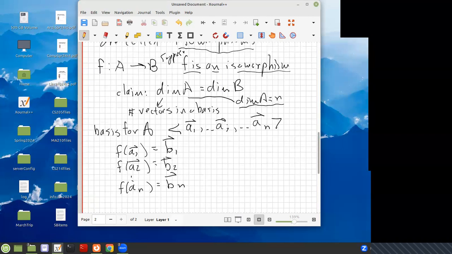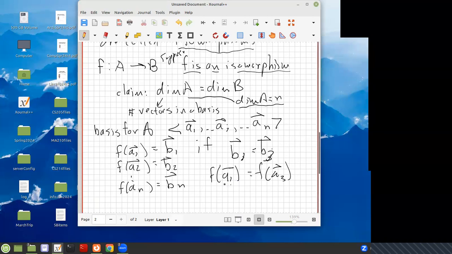First of all, how do we know there are n vectors? Maybe two of these are the same. But since the A's are basis vectors, if Bi equaled Bj, say 1 and 3 to be concrete, that would mean that F of A1 equaled F of A3. But A1 is not equal to A3 because they're part of a basis, yet the images were the same.